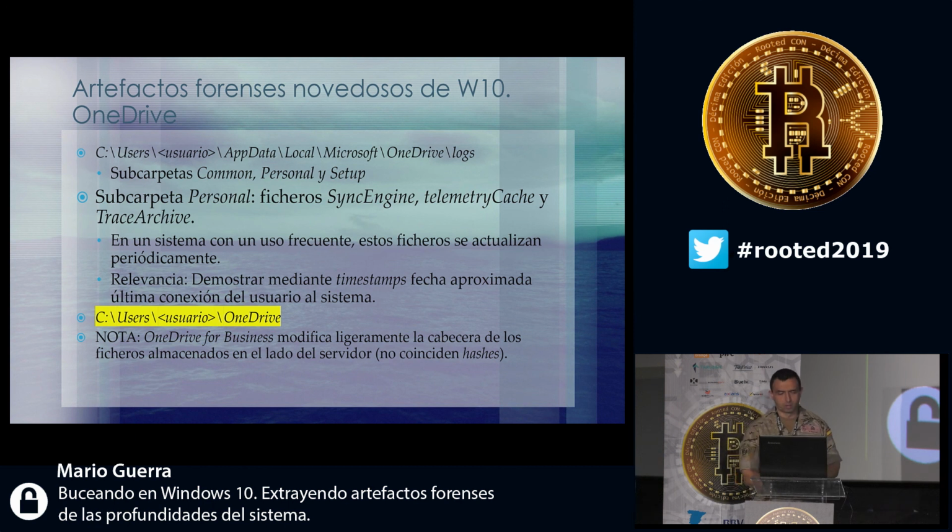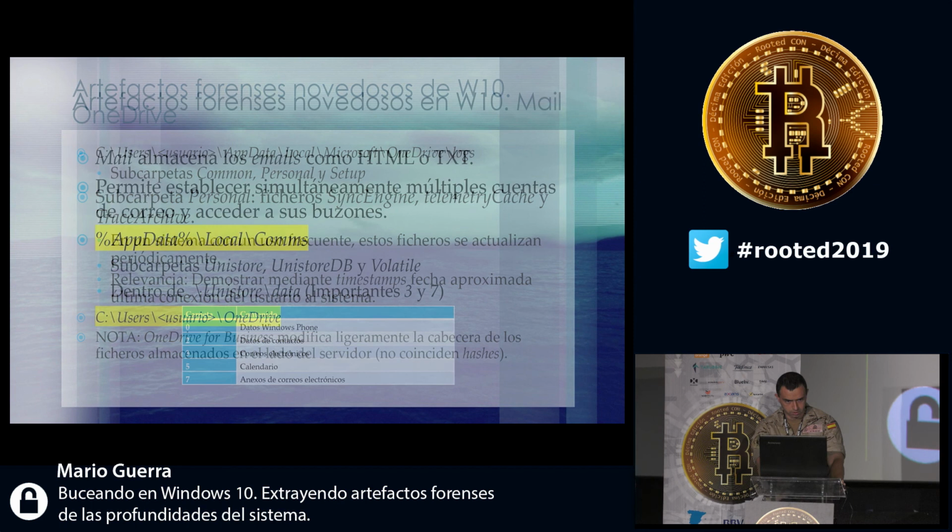That's good to make the temporal correlation of when that person stops having the machine on, and if you correlate the other things that we've mentioned earlier on with Cortana and so on, you can say that somebody disappeared approximately around this time. And OneDrive for Business, for some reason, touches the header of the files stored on the server side. So when you hash the local with the server, they don't match, and that's it for that.